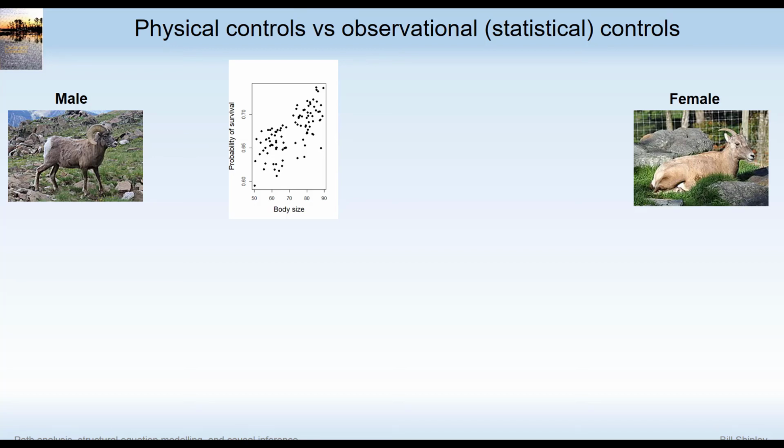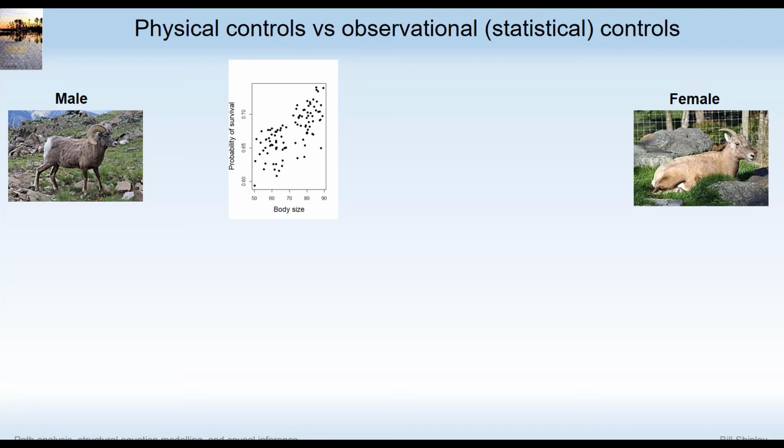Now, physical controls and statistical controls are not at all the same thing. You mustn't get them confused. And it's going to take us an entire second lecture to explain really the differences and the similarities and how you can link these two together. So you mustn't for a moment think that physical control and observational control are the same thing.